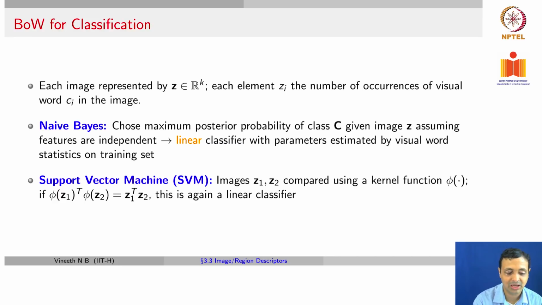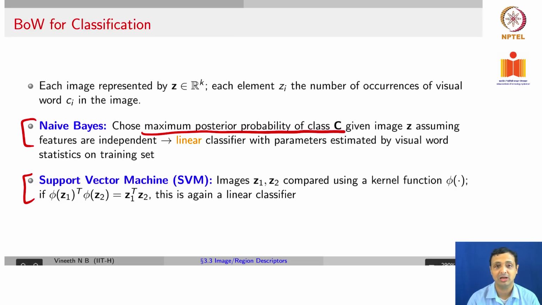So now you could just use a classifier such as, say, naive Bayes or support vector machines or any other classifier for that matter. If you're using naive Bayes, you would estimate the maximum posterior probability of a class C given an image Z, assuming features are independent, assuming the presence or the count of each visual word is independent. You would simply run a naive Bayes classifier in this particular scenario.